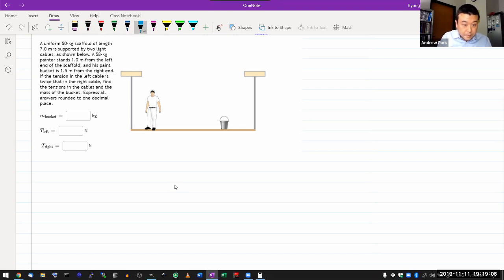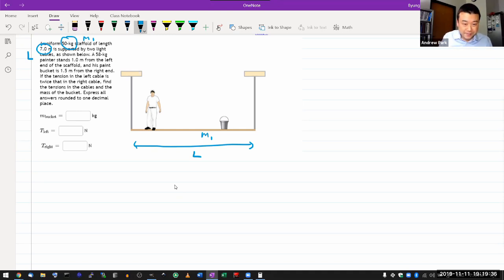So this whole scaffold has a mass of 50 kilograms. Let me call that M1. And given the length, call that L, by 2 light cables. Light is a code word for massless.